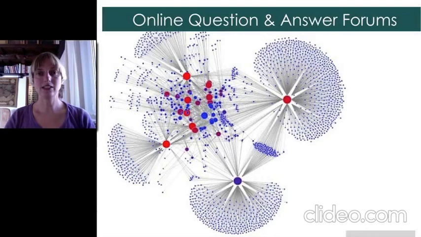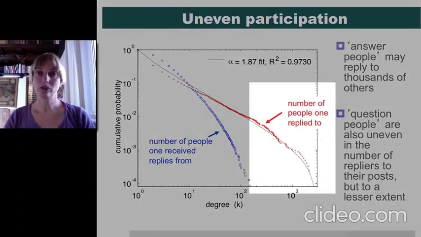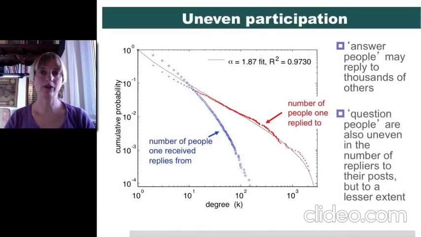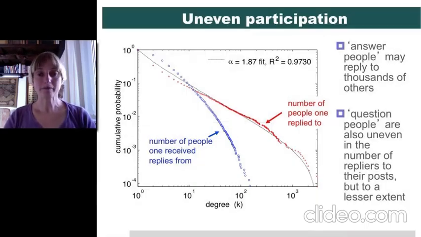So the repliers are colored in red and the askers are colored in blue. We can look at the degree distribution and see that it's highly skewed. It's more skewed in the case of the repliers because you see that some repliers have replied to upwards of 1,000 other users, but it's rare for an individual to have received replies from more than a couple of dozen different helpers. In this case, the distribution that I've plotted is the cumulative degree distribution.